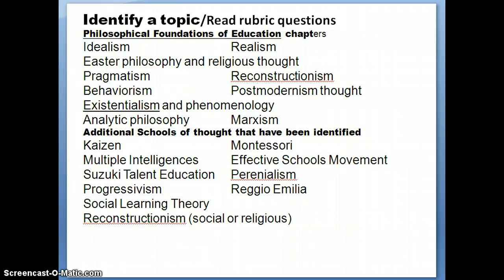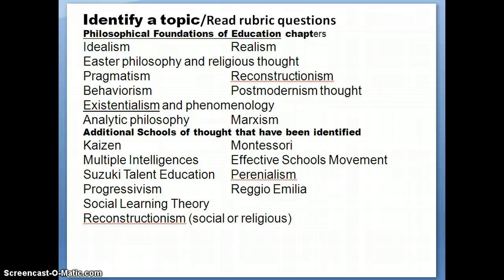You could just take idealism or realism and use a search engine like Google to go search for it. Simple as that. But here are some additional schools of thought. We've already legitimatized Kaizen, if you've listened to the other beginning of class essays. Montessori is an educational program, preschool education, early childhood education, from the work of Maria Montessori.